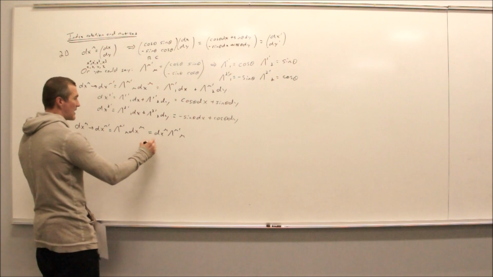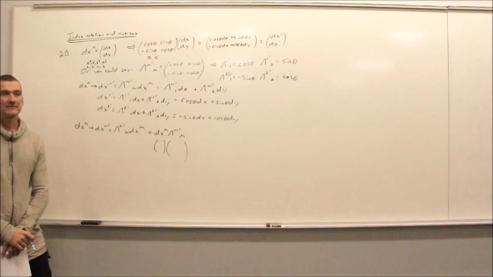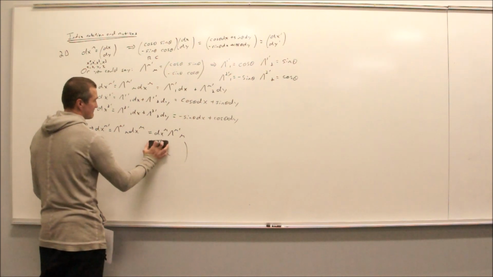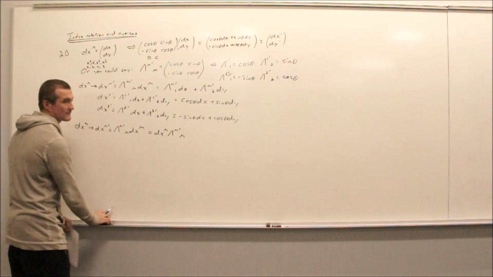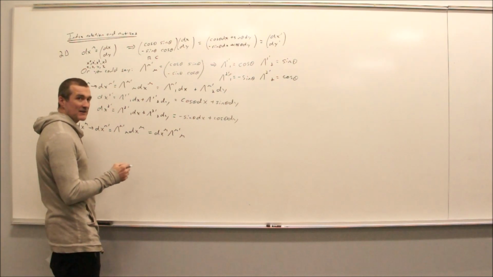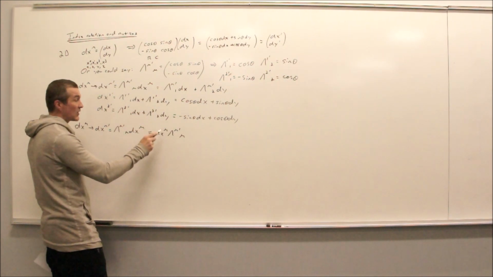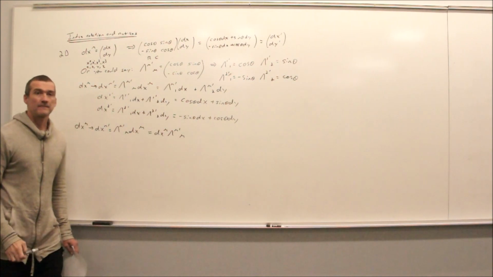Well, if I write down the column vector for this and the matrix for that, can you multiply those two things? No. Can't do it. But here's the awesome thing about index notation. If you do it this way, you'll get the same expressions.